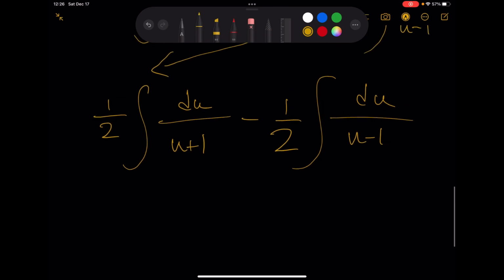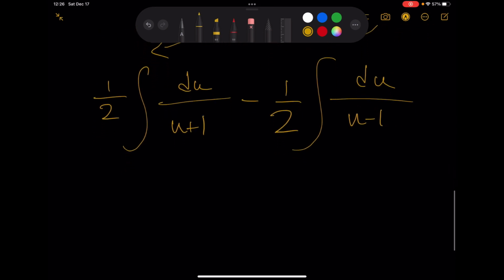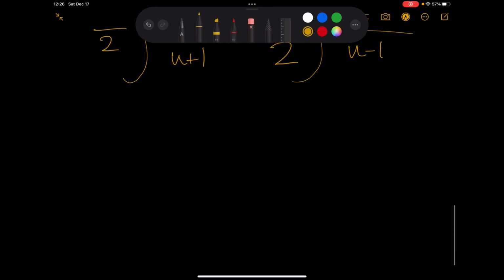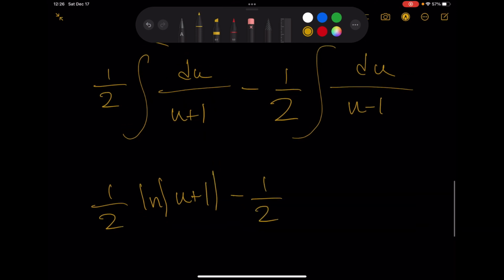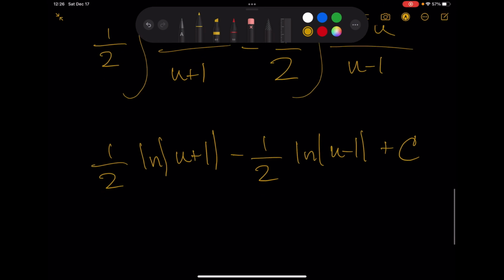So now we have these two integrals which are solvable. The first one is going to become 1/2 ln absolute value of u plus 1. Subtract 1/2 ln absolute value of u minus 1. And don't forget your constant.